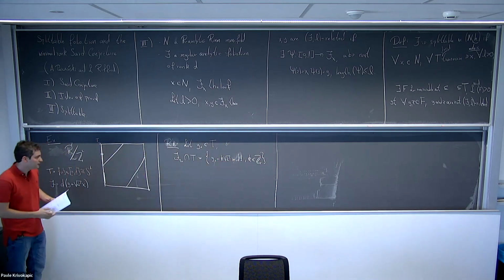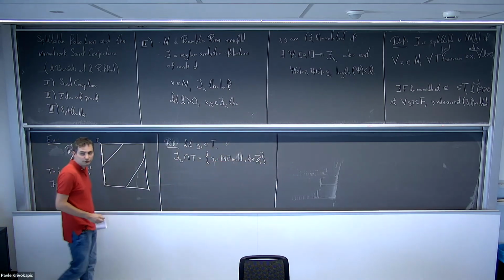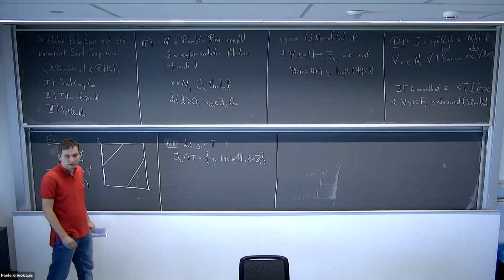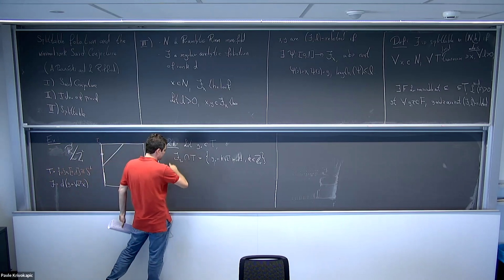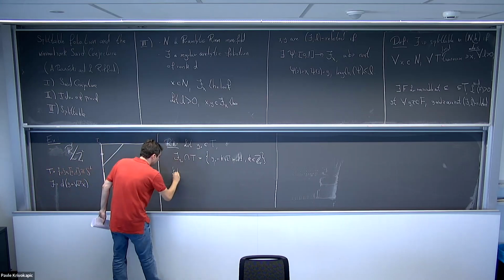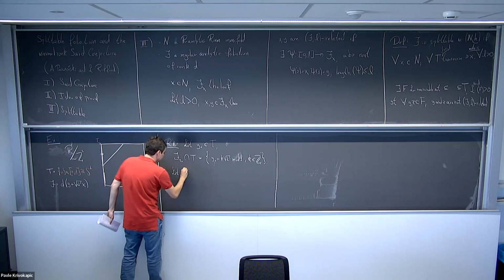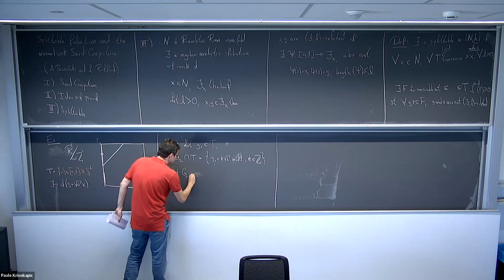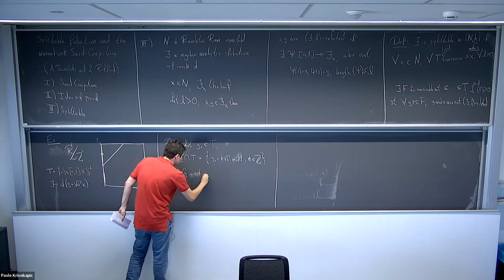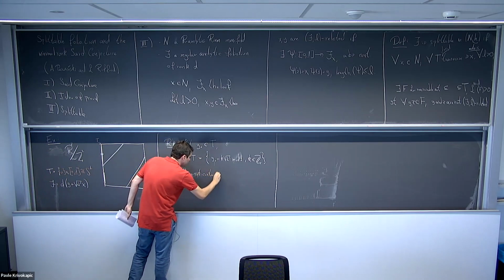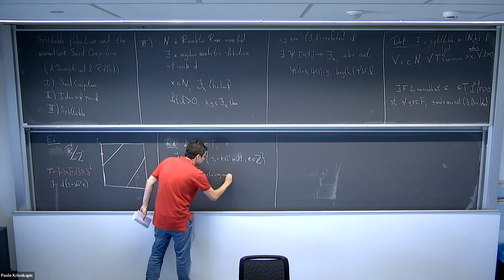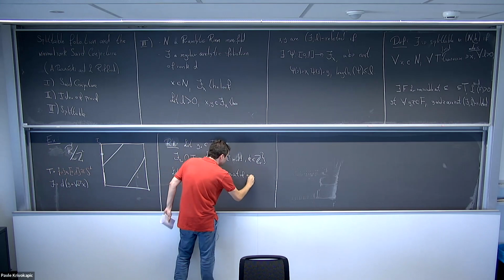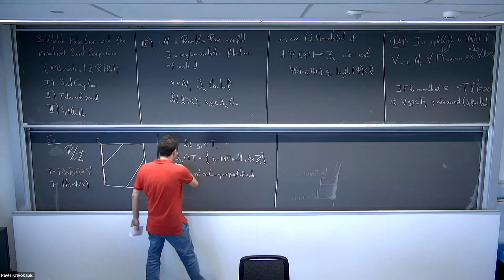So maybe this is a standard thing, but I'm going to do the computation anyways. If we try to take just one point of each orbit, or of each one of these intersections, let me call it G, a set containing one point of each orbit.